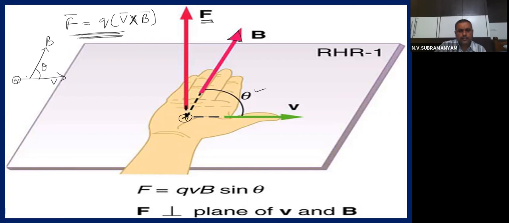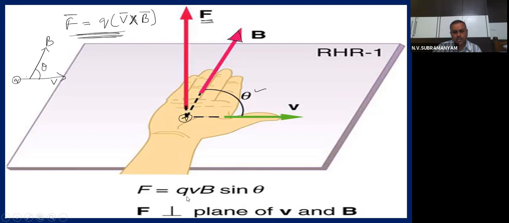And if you know cross product correctly, all of you in first year intermediate, A bar cross B bar is given by AB sin theta. Like that, V bar cross B bar will be given by VB sin theta. So F bar is equal to QVB sin theta.